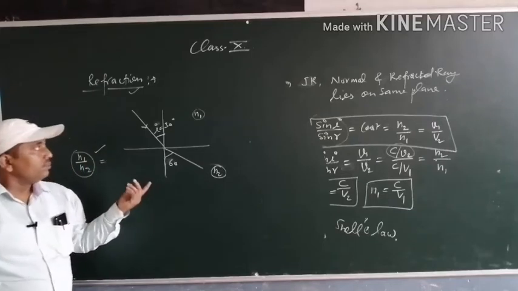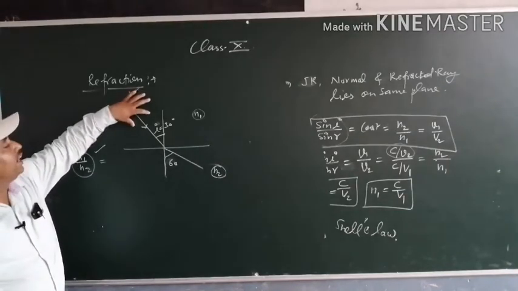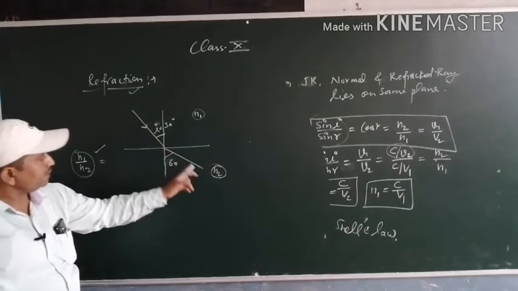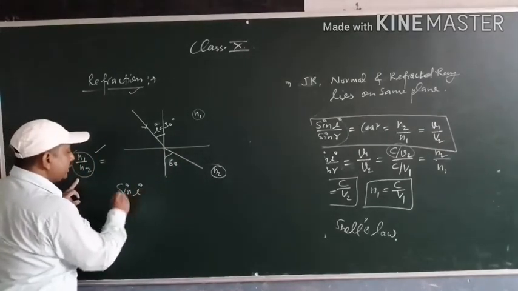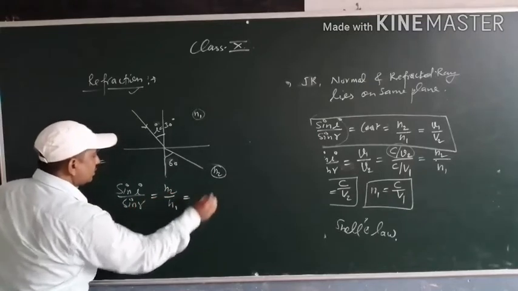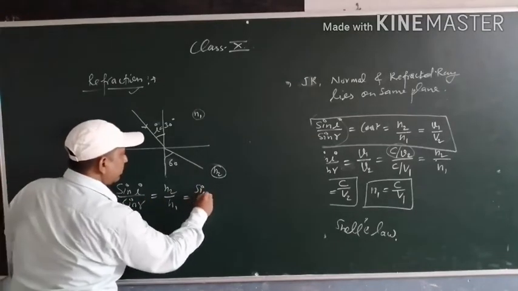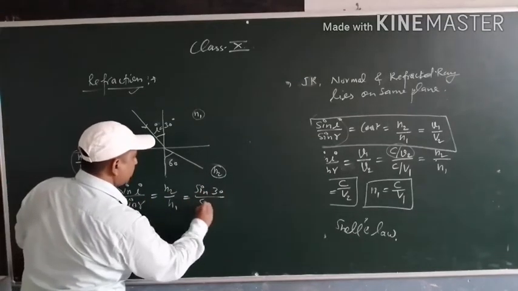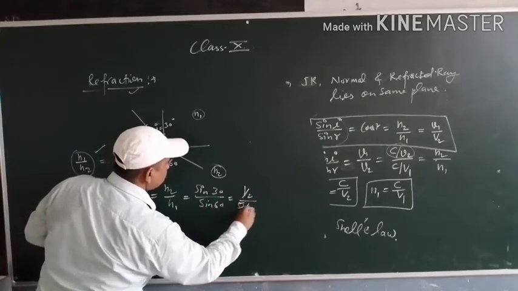We know that the speed of light in this medium is smaller and the speed of light in that medium is larger. So sin I divided by sin R, that is N2 by N1, will be equal to sin 30 divided by sin 60, that is 1 by 2 divided by root 3 by 2.